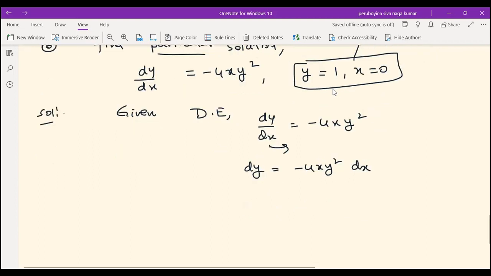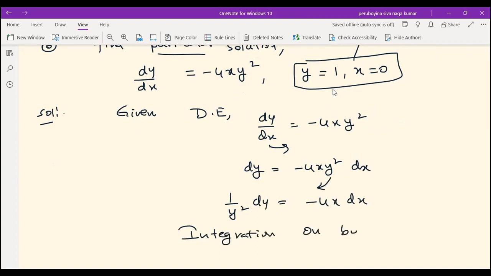Now we will separate the variables. Variable separation means y will be moved to the dy side, x will be on the dx side. So 1 by y square dy is equal to minus 4x dx. After separating the variables, we will integrate on both sides.